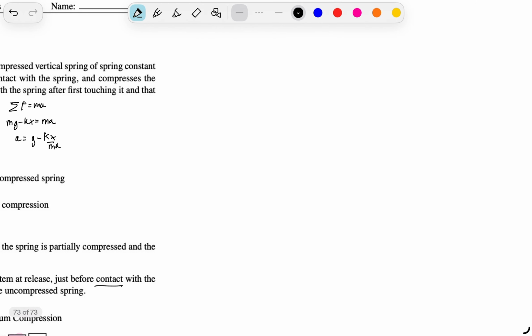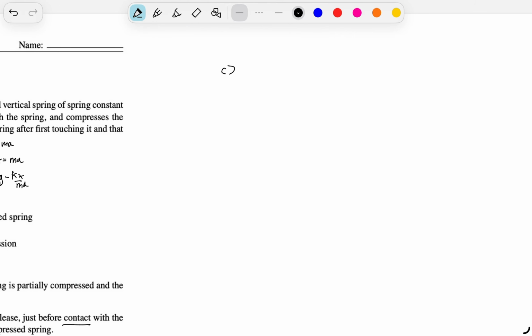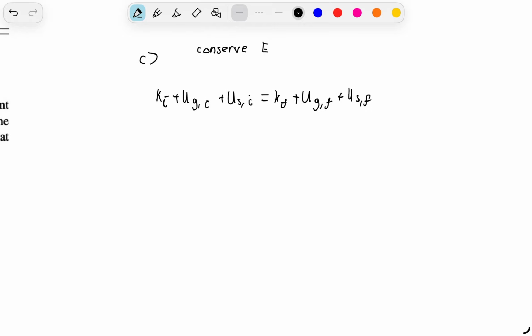Now, we're asked to derive an expression that can solve for x max in terms of m, g, h, and k. Let's have our conservation of energy. Initially, we have 0, mgh, and 0. This side is the initial release, by the way.